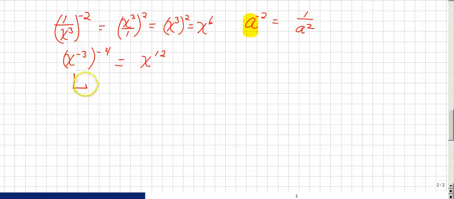Now, to make this more complicated, I'm going to show you, you could have done this. You could have flipped the x to the negative third. I flipped it to 1 over x to the third. Haven't messed with the negative 4 yet. Now the negative 4 power means you reciprocate the base again.